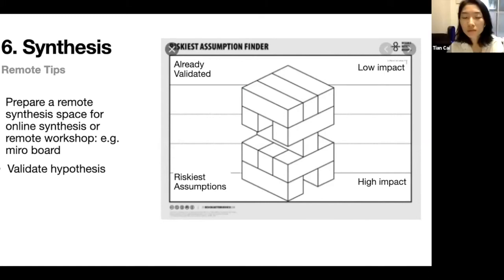The way we use this board is usually we put all the unvalidated hypotheses on the right-hand side, and put the riskiest at the bottom, and then stack them up. Then after your observation, even before your downloading, the group can review the hypotheses like we just did, and then put the ones that have already been validated to the left.